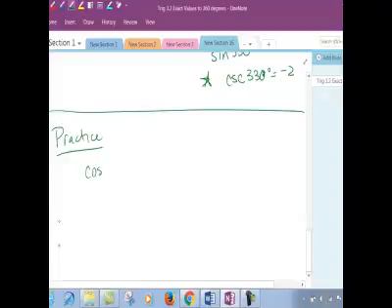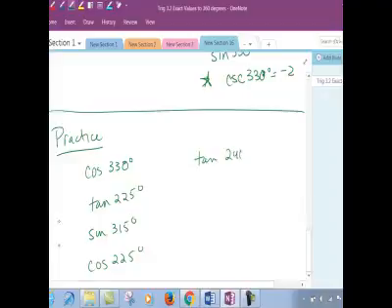I want you to find the cosine of 330 degrees, the tangent of 225, the sine of 315, the cosine of 225. Let's see if I can come up with some more. How about the tangent of 240 degrees, the sine of 120 degrees, and for fun let's add some of the reciprocals: the secant of 300, the cosecant of 135, and the cotangent of 315.